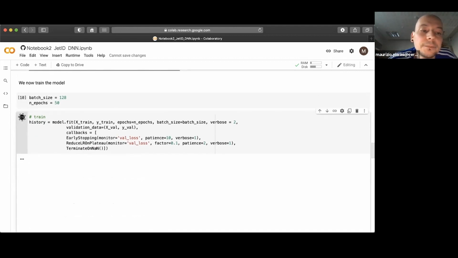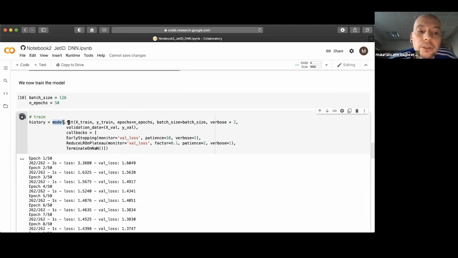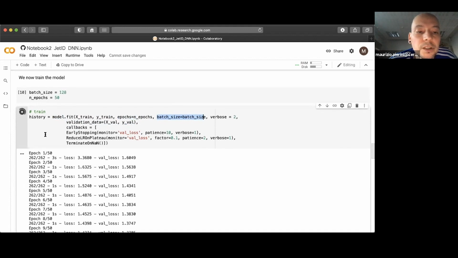And then we do 50 epochs, so we do 50 passes on the data sets. And this is the training instruction. You take your model and you do model.fit, where you specify the X and the Y, and the validation X and Y. Then you say how many epochs, you say how big the batch size is, the verbosity, okay, I put it at 2 because otherwise it was too much.